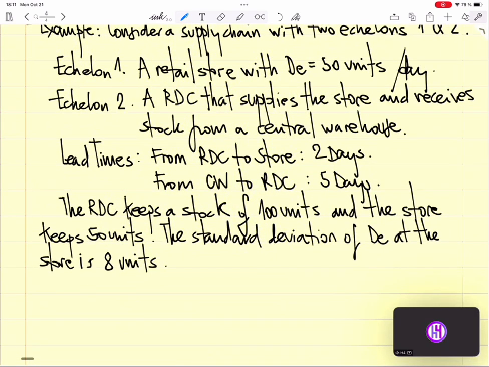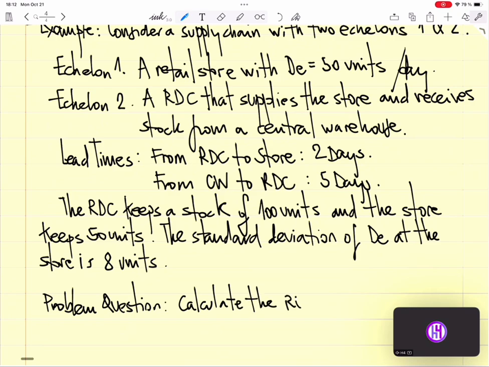This is what I would give you in the exam. And then I would say, okay, calculate the reorder point for the store. Problem statement, problem question: calculate the reorder point of the retail store.